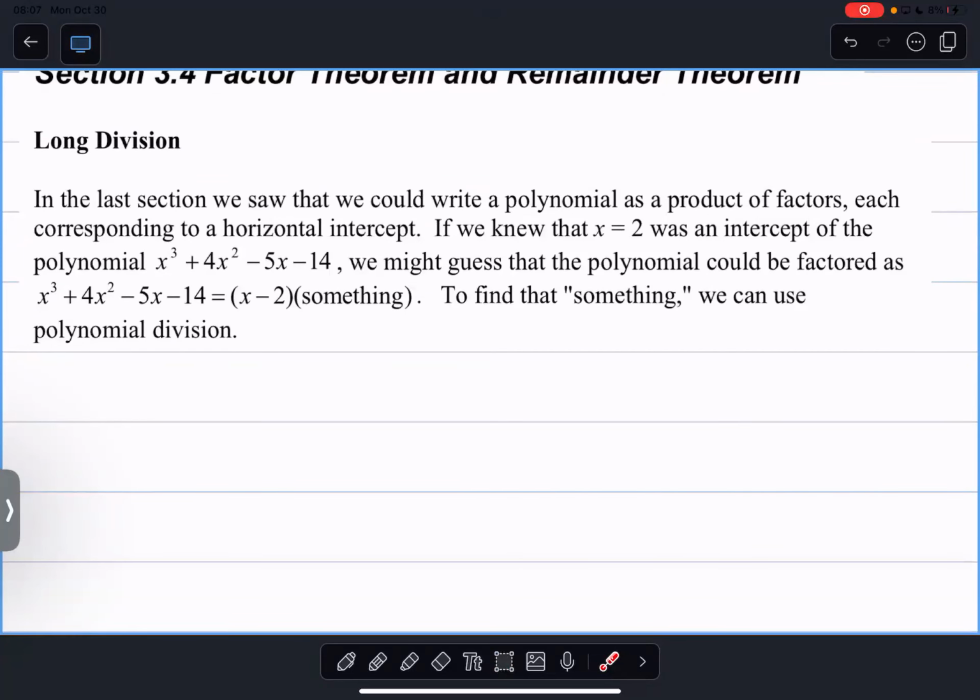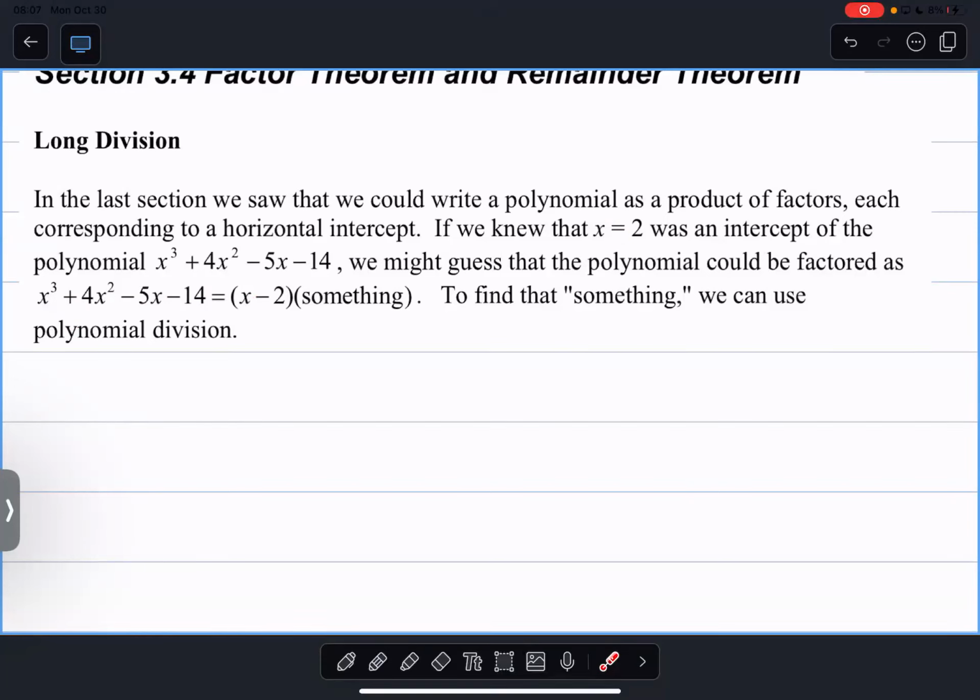So if we factor a polynomial, then we can write something like x to the power of 3 plus 4x squared minus 5x minus 14. Let's say we knew that x equals 2 was an intercept, that's something we were given. Then one of the things we can do is rewrite this polynomial with a factor of x minus 2, because if x equals 2 is a horizontal intercept, then of course x minus 2 must be a factor.